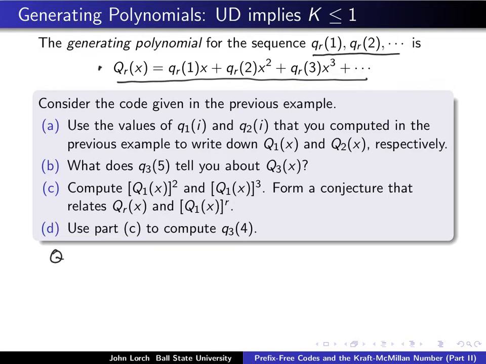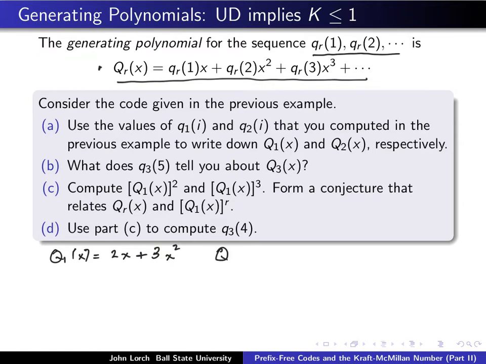So capital Q sub 1, well, that's little q sub 1 of 1, which you might remember was 2, times x, plus little q sub 1 of 2, which you might remember was 3, times x squared. And then all of the other little q sub 1s were equal to 0. So this capital Q sub 1, that's the result.